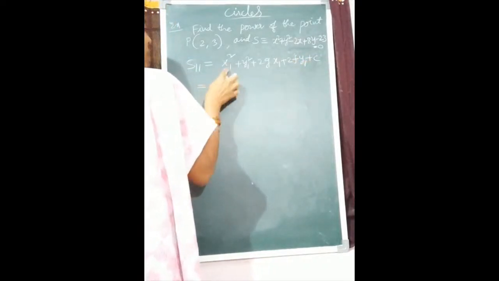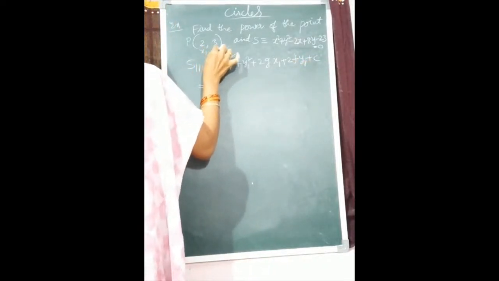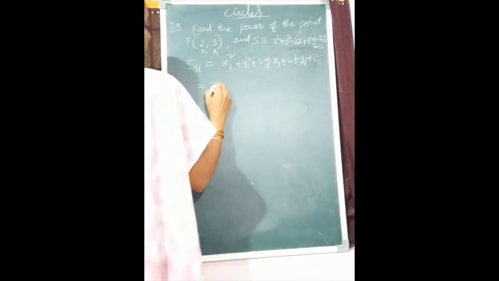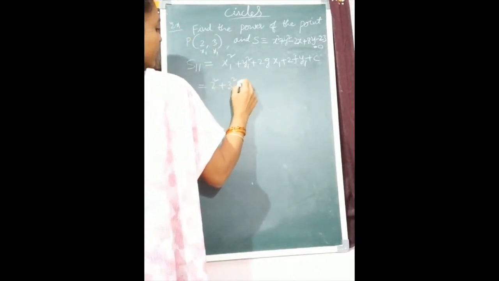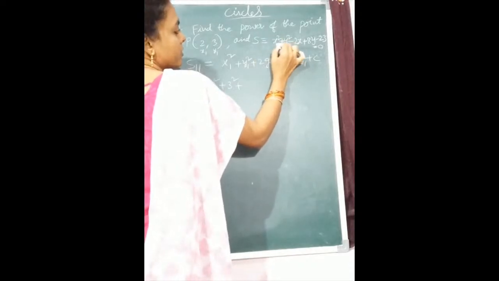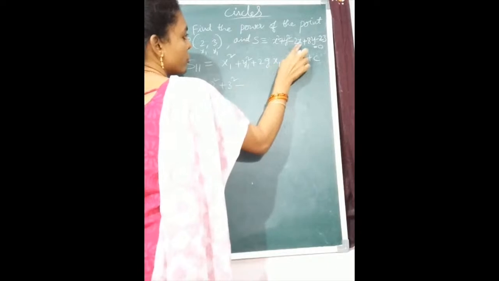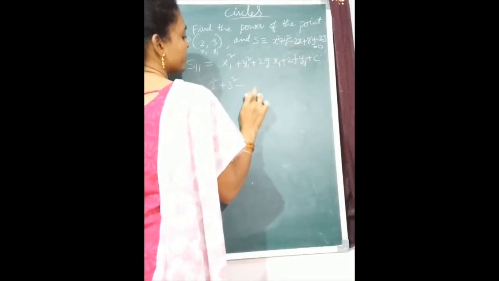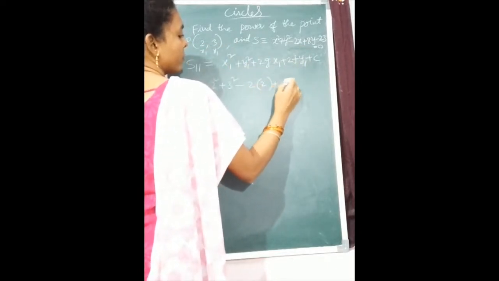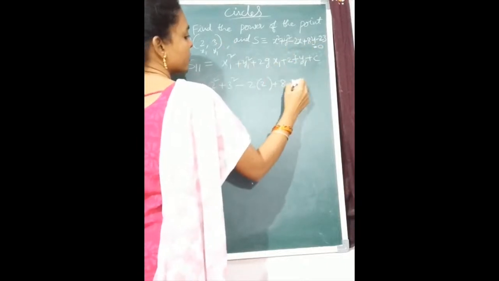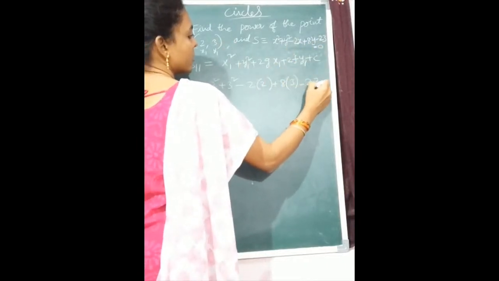This is equal to 2 square plus 3 square minus 2 into 2 plus 8 into 3 minus 23.